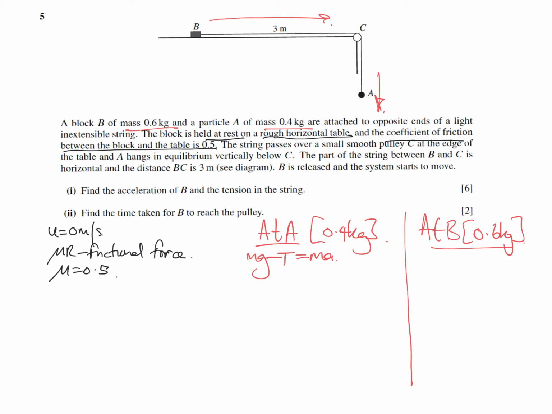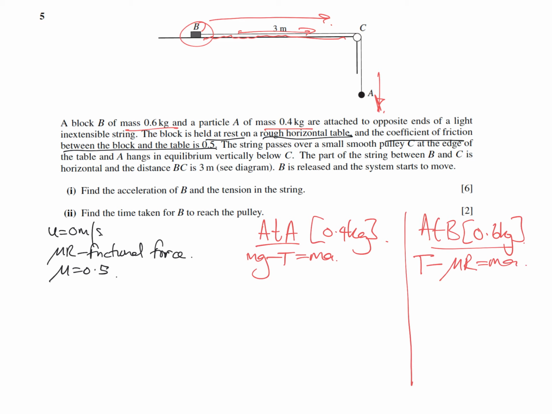So T minus mg. Whereas at B, if you look at it, the string is pulling the mass at B, so in that case we have to use T minus, but this is not a smooth plane, it is a rough plane, so we have to minus the frictional force μR, and that is equal to ma.